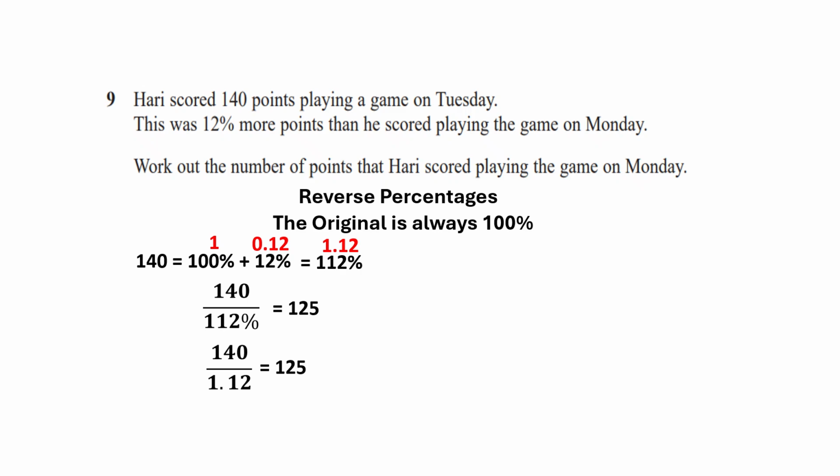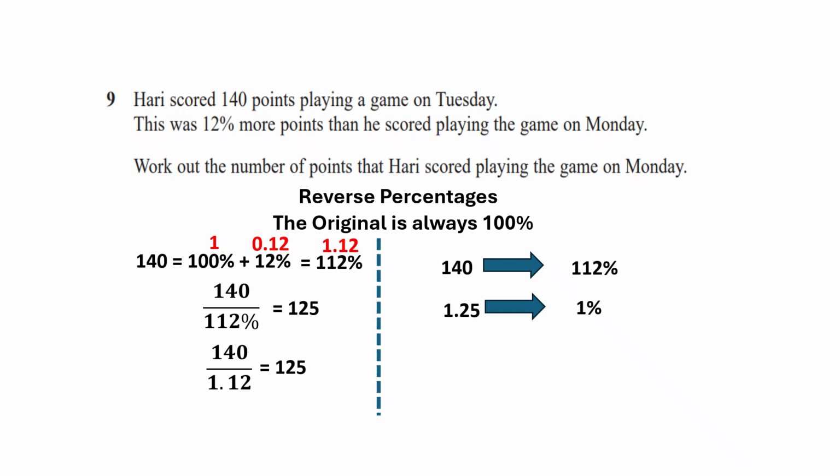If you want to do it a different way, you can think of it like this. 140 is 112%. Try to find 1%. To find 1%, we divide both sides by 112. So 112 divided by 112 is 1%, and 140 divided by 112 is 1.25.